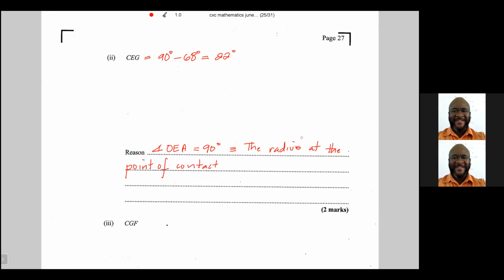So the radius, which is at the point of contact E, is at right angles, or is perpendicular, to the tangent.